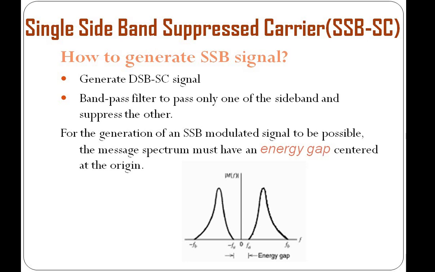For generation of the SSB signal, there should be an energy gap in your message spectrum. This is very important. We said we have to separate the upper sideband and the lower sideband. This is only possible when your message spectrum has an energy gap at the origin.